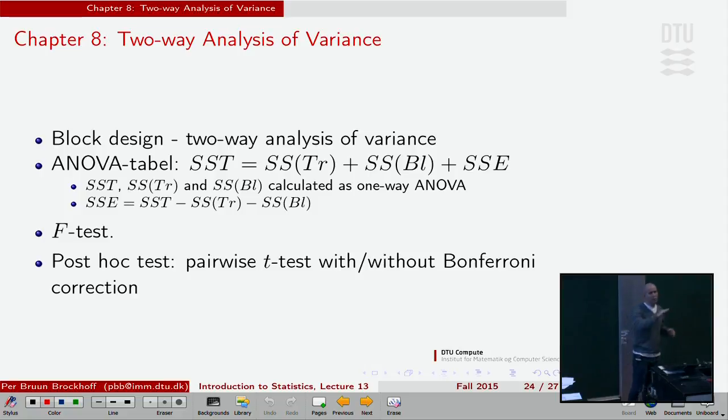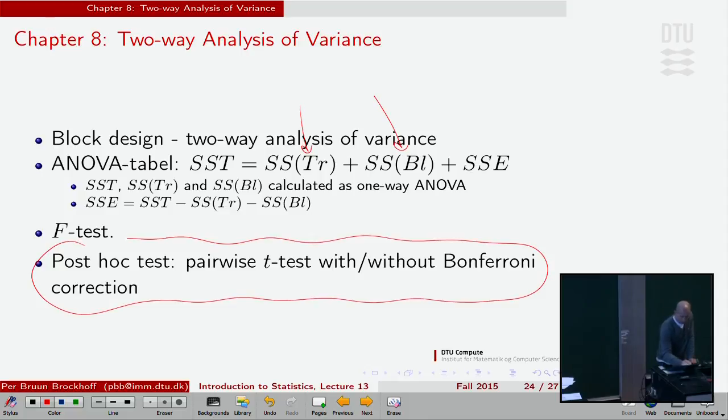We can generalize: we compute means one way and the other way, and we quantify how different these means are, and we put that into the ANOVA table. How different are the treatment means, how different are the block means, and then we get similar F-tests and p-values, and we could also do similar post hoc tests.